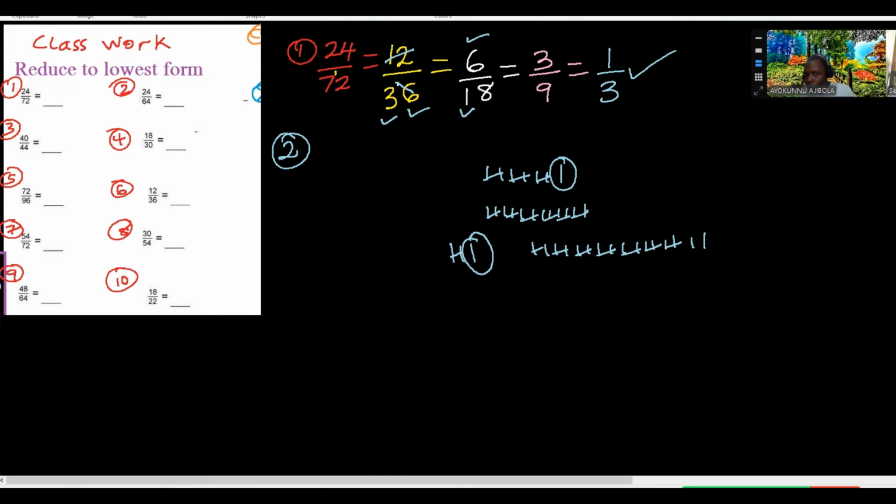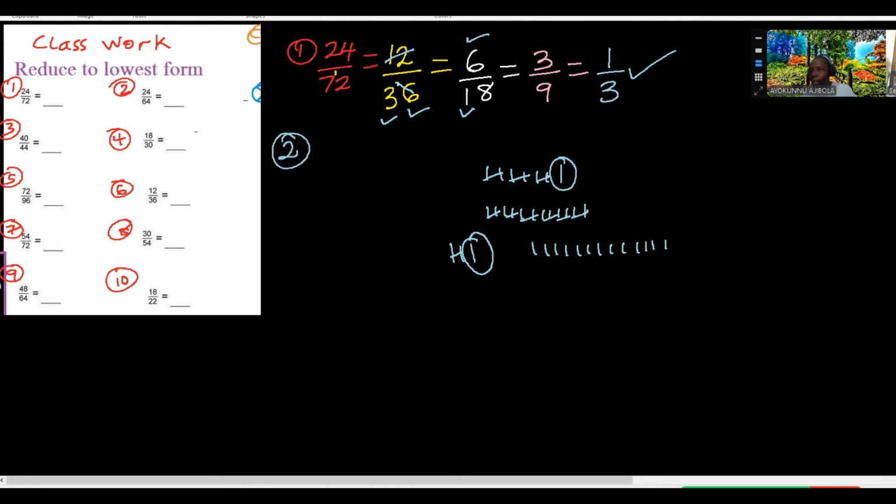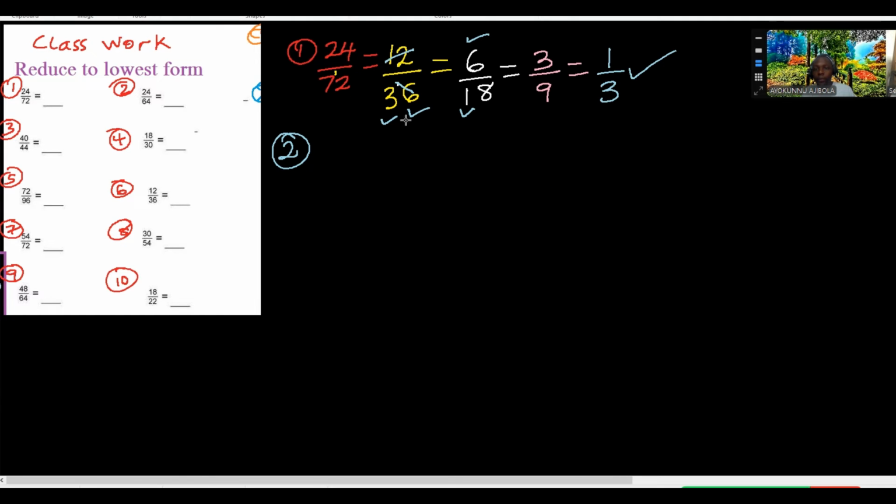Let me try to cross all of these out and see. Okay, let me remove all this. Because it's still not in the lowest form, I still have to divide further, okay? So how many 2s can go in 6?